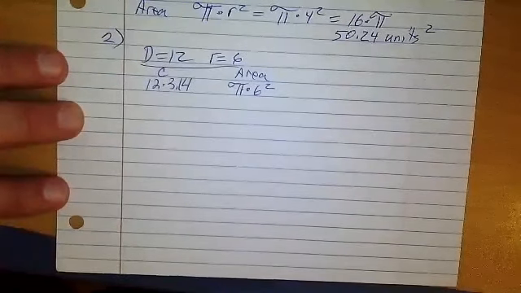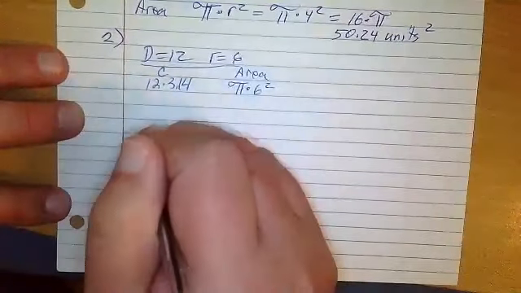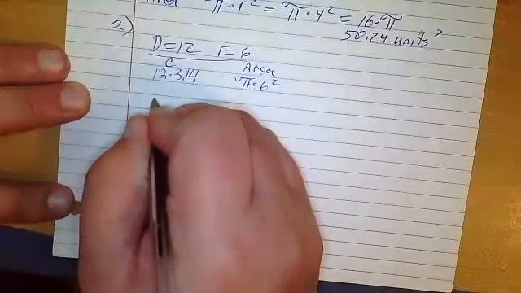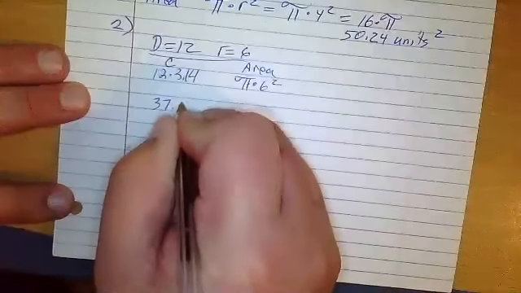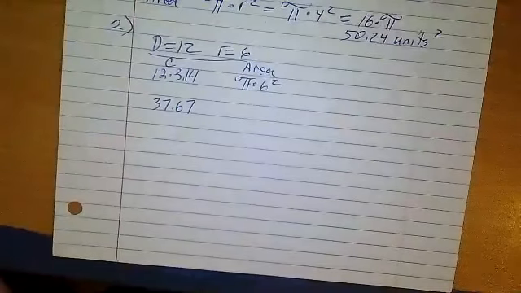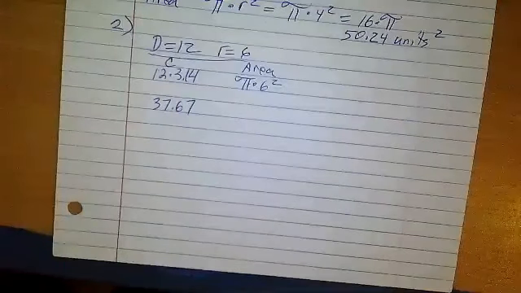Make sense? We got it? Are we getting this? Okay. So we're going to multiply that and we'll get some number. I think it should be 37.68.